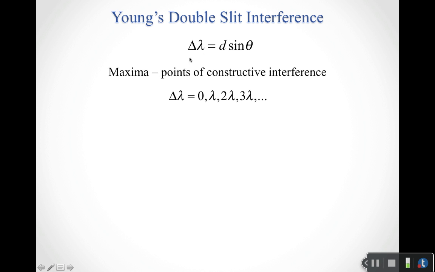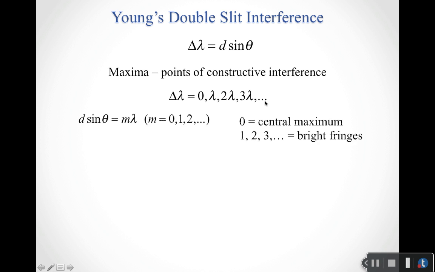So here's the equation that defines what the path difference is at the particular point P in my pattern. And if that point happens to be a maximum, then I've got constructive interference, which means that I can also talk about this path difference being equal to 0 or 1 lambda or 2 lambda or 3 lambda, or any whole integer value of lambda.